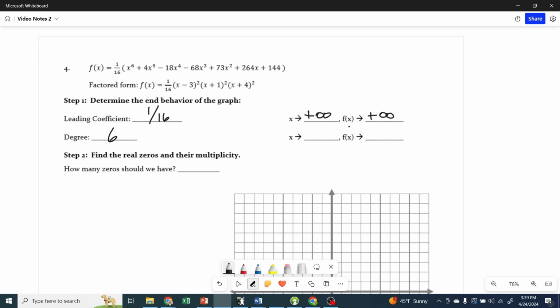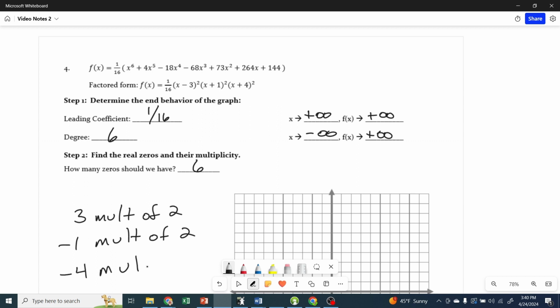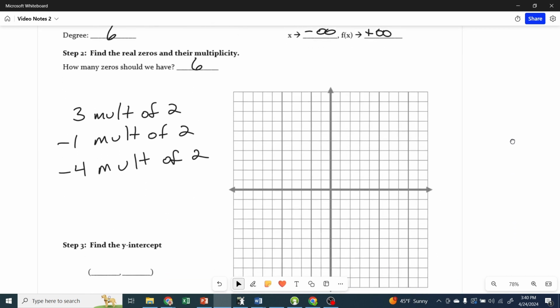And as we go to negative infinity, we'll still be going to positive infinity, which is up. How many zeros should we have? We should have 6 zeros. What are those zeros? Well, we have 3 with a multiplicity of 2. We have -1 with a multiplicity of 2 as well. And we have -4 with a multiplicity of 2.